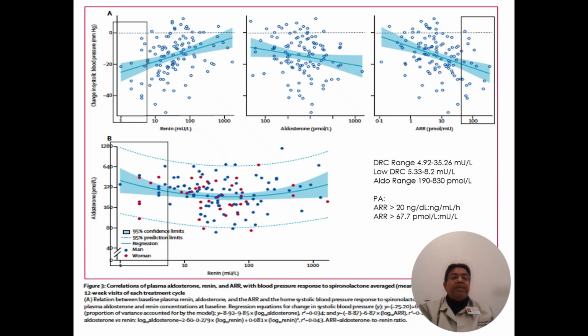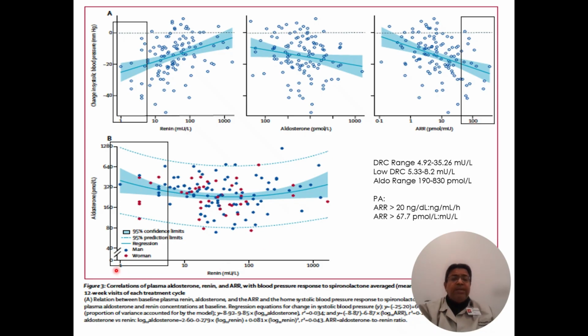Again, this is renin graphed against blood pressure, and the most marked reduction in blood pressure occurs in the low renin area, but also outside of the low renin area. And the most marked blood pressure reduction occurs when the aldosterone level is high. And then, of course, it makes sense that spironolactone would be most effective when the aldosterone-renin ratio would be very high, i.e. primary hyperaldosteronism.